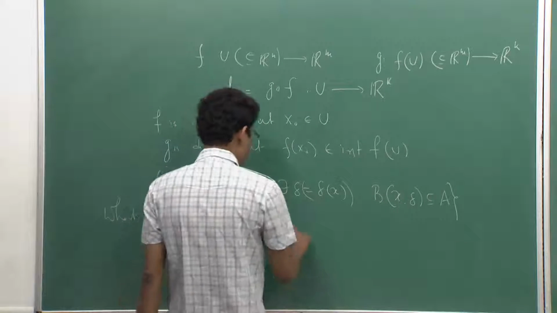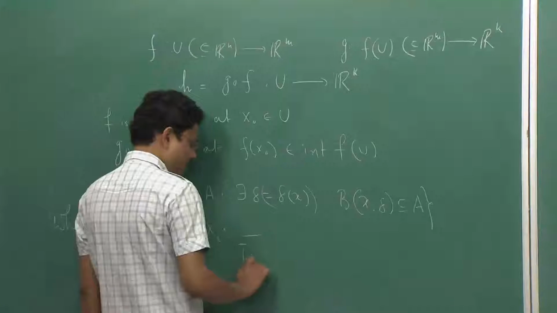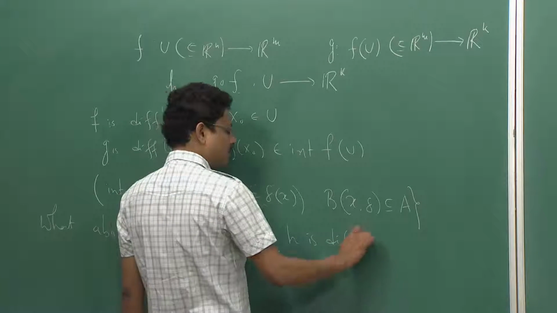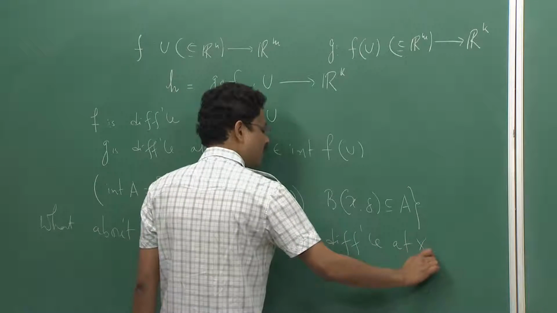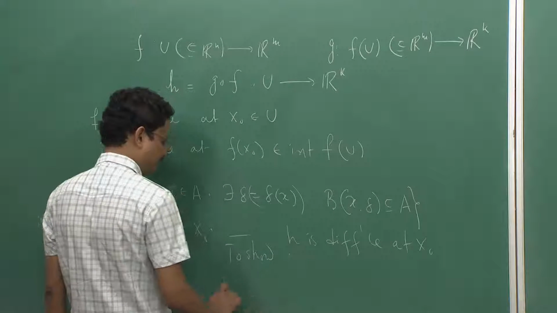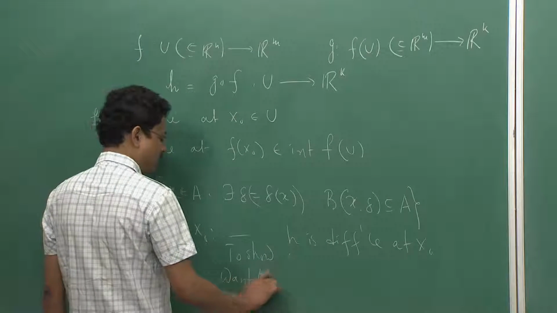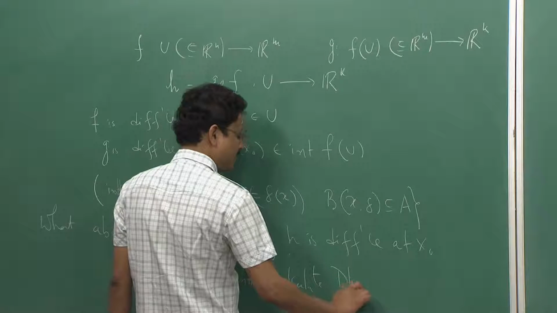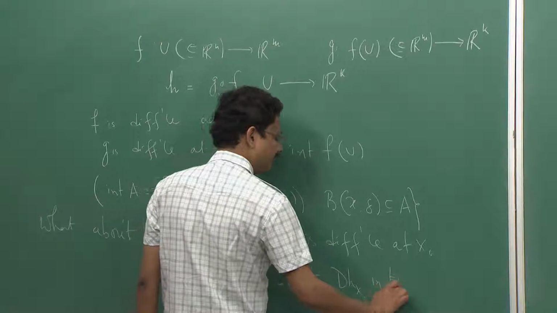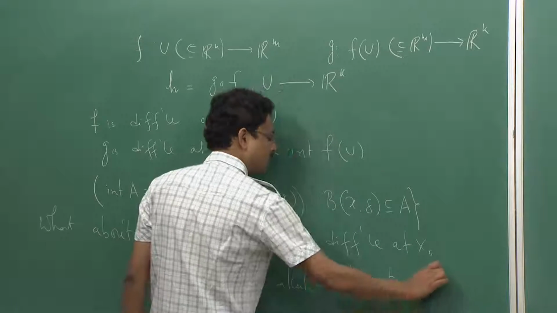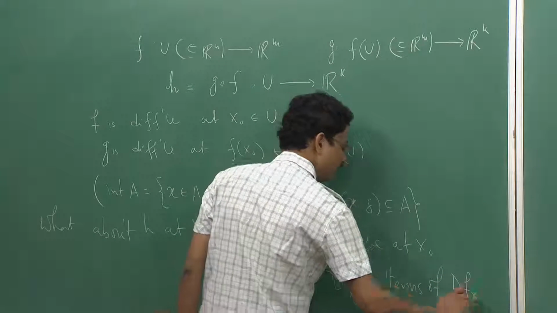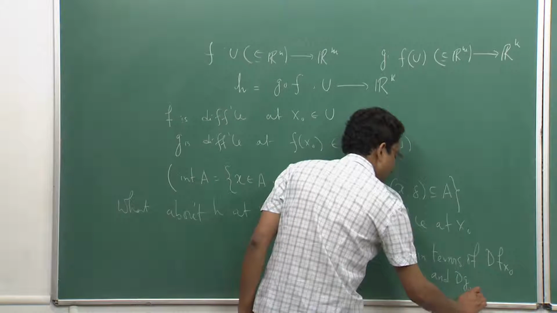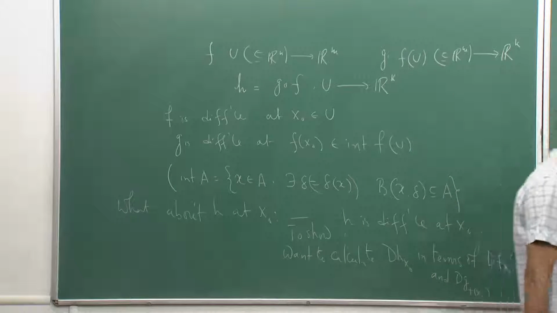So, we want to show that h is differentiable at x naught, and also calculate dh at x naught in terms of df at x naught and dg at f of x naught. This is what we want to do.